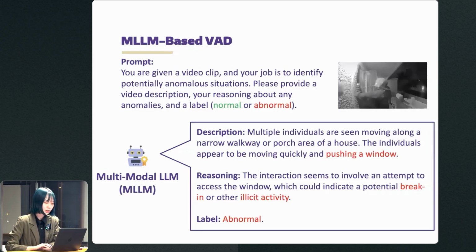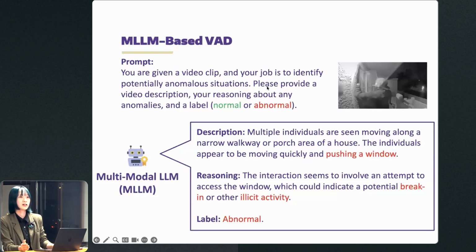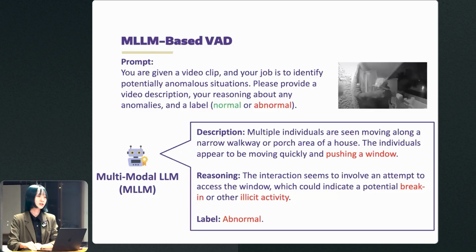For example, here we can give the same videos as mentioned before to multimodal large language models, and here is the prompt. We ask MLLMs such as ChatGPT, Gemini, or Claude to identify potentially anomalous situations. We also ask the MLLM to provide video descriptions, the reasoning behind the anomalies, and the labels, which are normal or abnormal here.